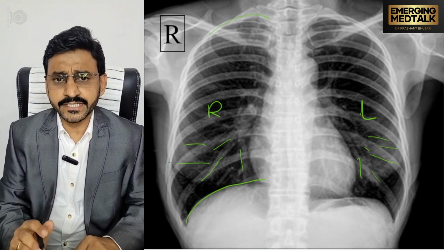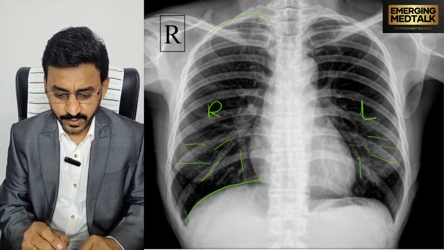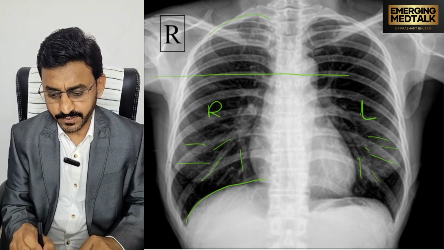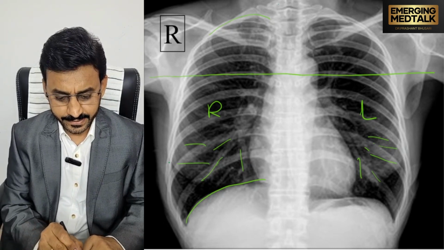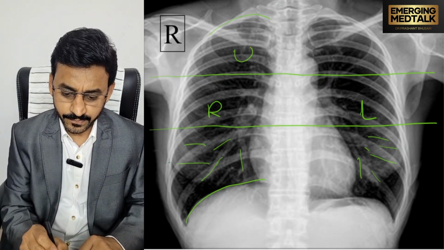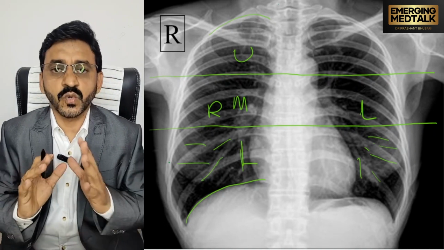Radiologically, the lung is divided into three zones. When we draw a horizontal line passing through the anterior end of the second rib and the anterior end of the fourth rib, these divide the lung into the upper, middle and lower lung zones.